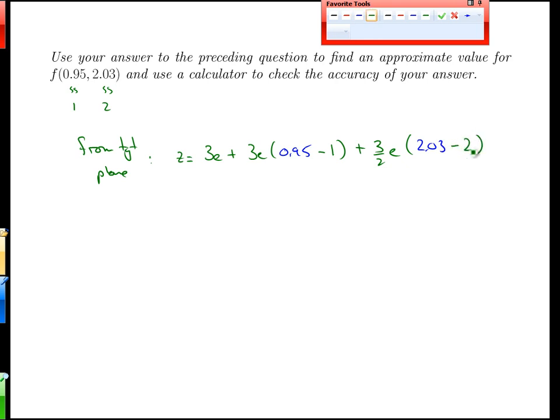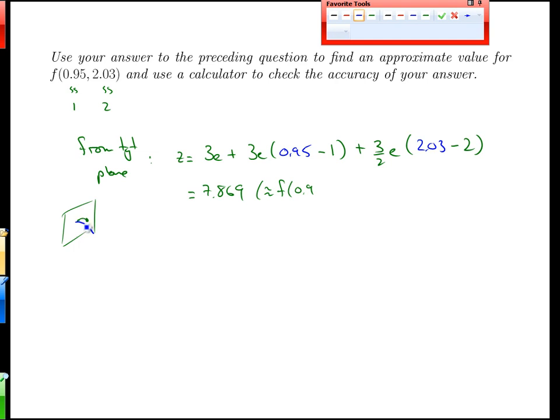There we go. So after some calculator work, we get the value that this is 7.869, and we believe that this is approximately f of 0.95. Notice this is the approximation. This z value is on the tangent plane. This is moving a little bit away on the tangent plane, and we're interested in comparing that with the surface value, just for reassurance here more than anything else.